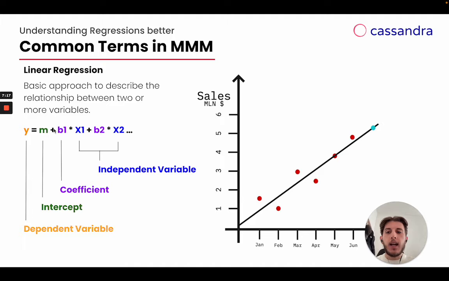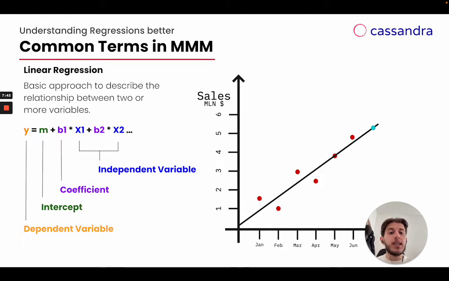Because you see, this is actually an additive formula. So you add m to beta 1 x1, beta 2 x2, and so on. Imagine you do all the multiplications before. So you do beta 1 times x1, and you'll get the value. Then you do beta 2 x2, and you'll get the value, okay? Then you sum everything up. Once you sum everything up, you get y, which is the whole revenue generated, the whole sales generated.